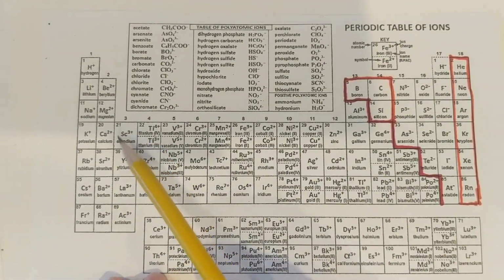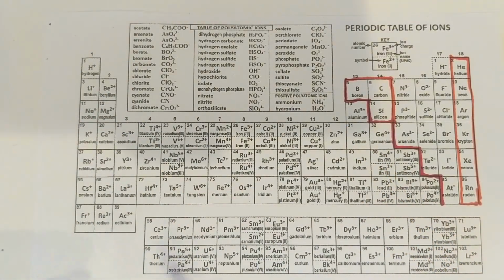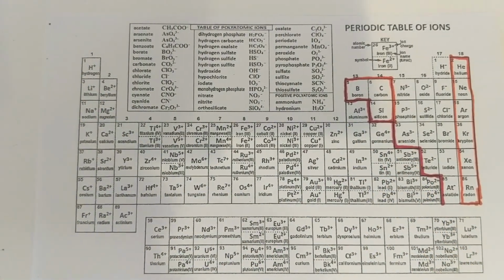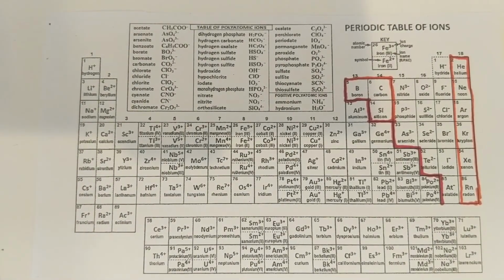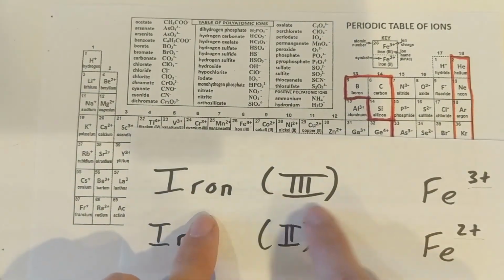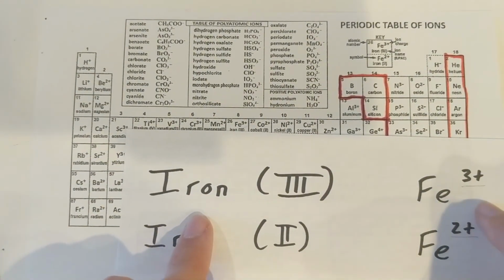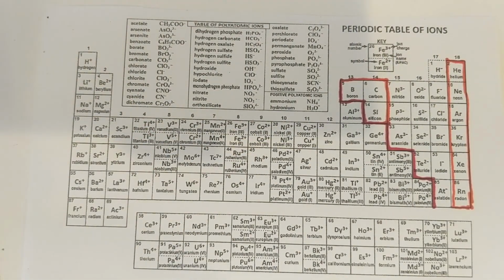So now if I give you a metal that's not in one of our groups that has a nice and easy charge to remember, I will give you the Roman numeral with that element, and that will tell you the charge. That's something we're going to see moving forward in this unit with ionic bonds.